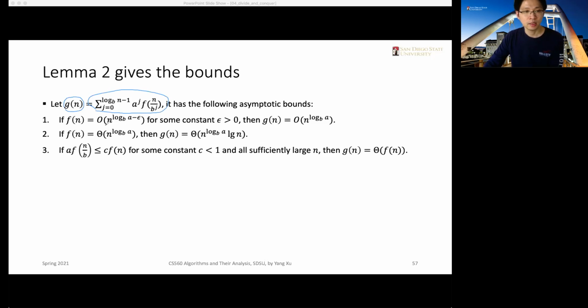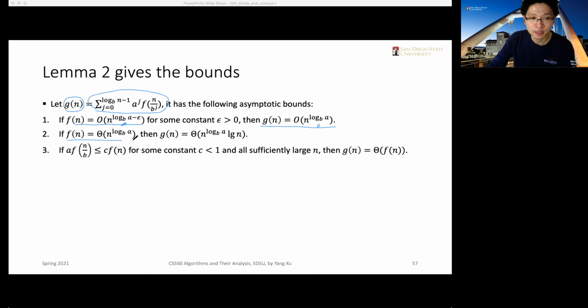If f of n has a polynomially lower upper bound than the polynomial function here, then we can say g of n is dominated by the polynomial term.